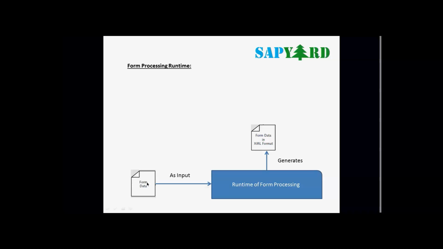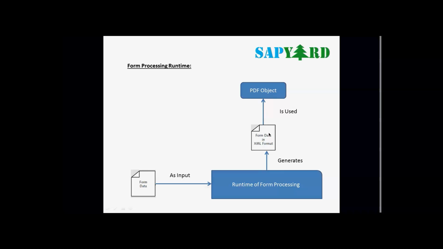So if we are using a simple ABAP program, we can simply prepare the input parameters of the form interface and pass them, and the runtime environment will automatically generate them into an XML format. And then this XML format data is used by the final PDF object.